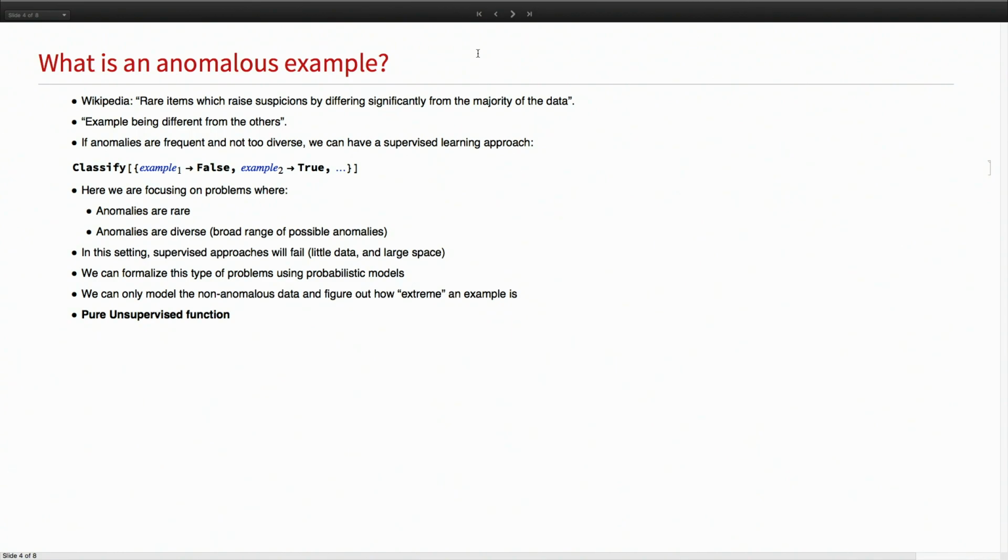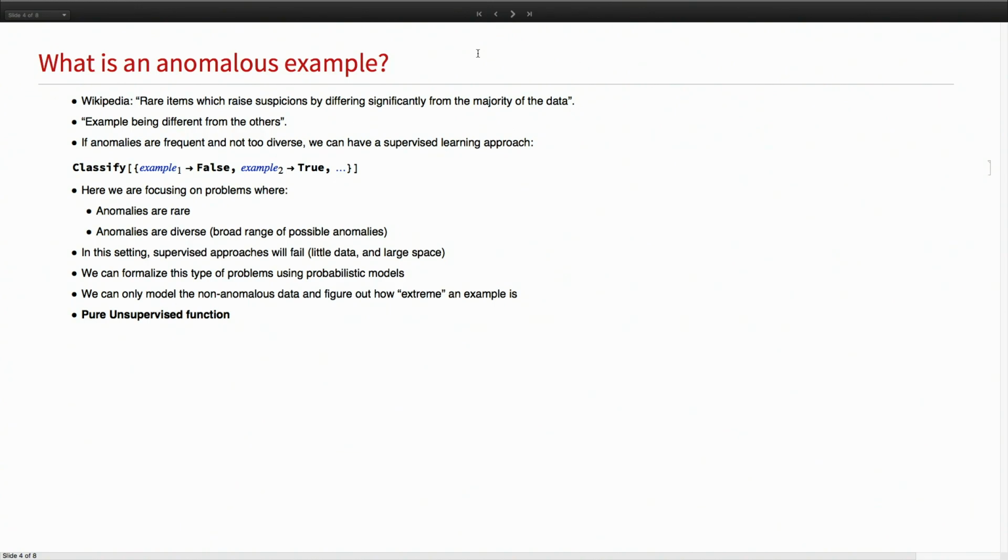They're rare, and you cannot get that much information about them. Anomalies would be things where you have a big space and little data. So a supervised learning approach will fail to identify those.